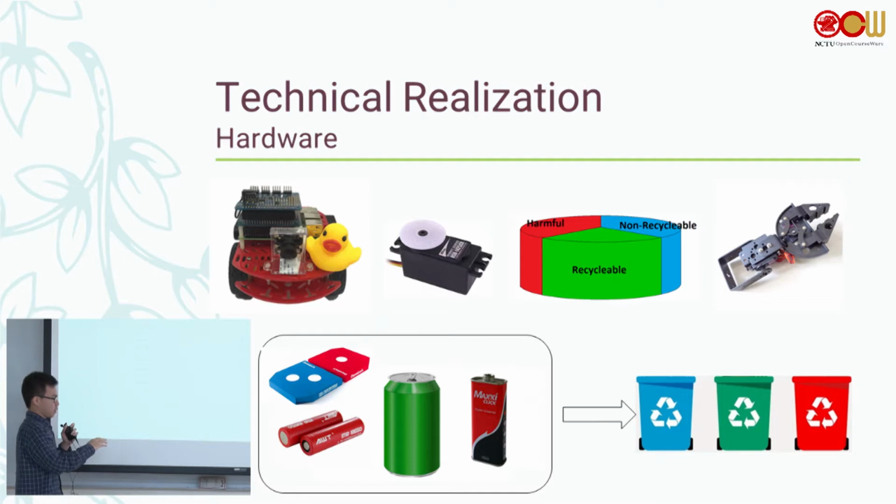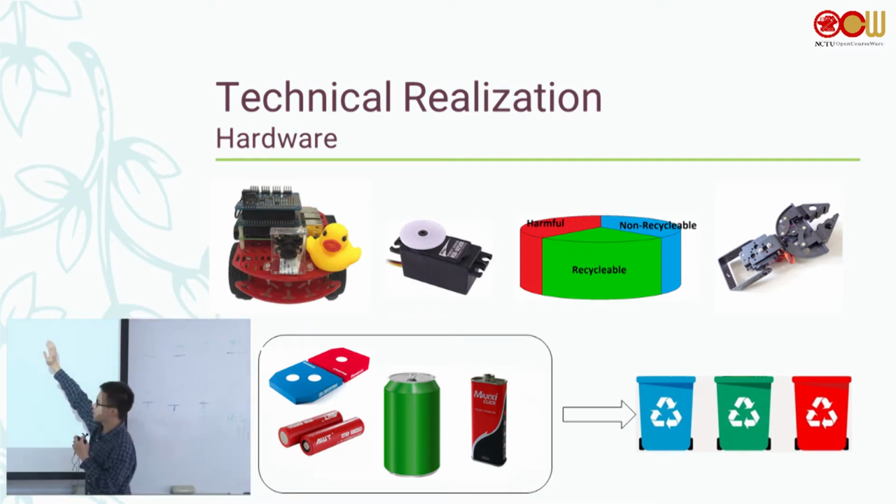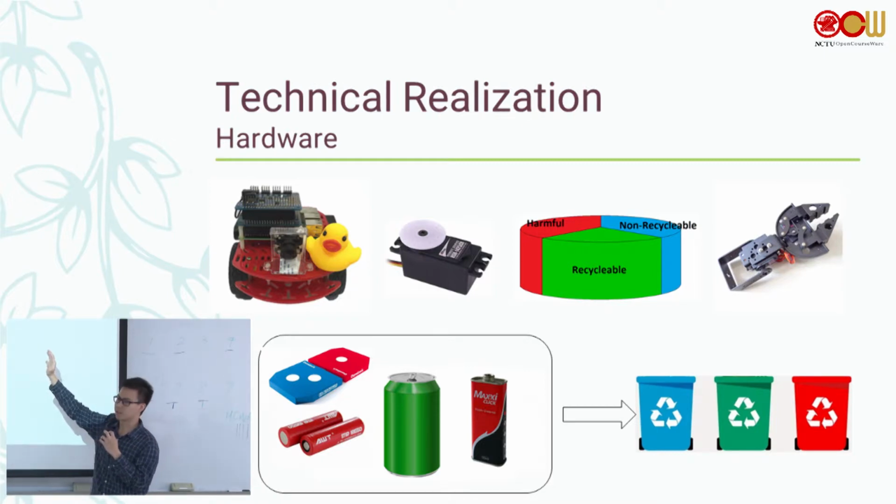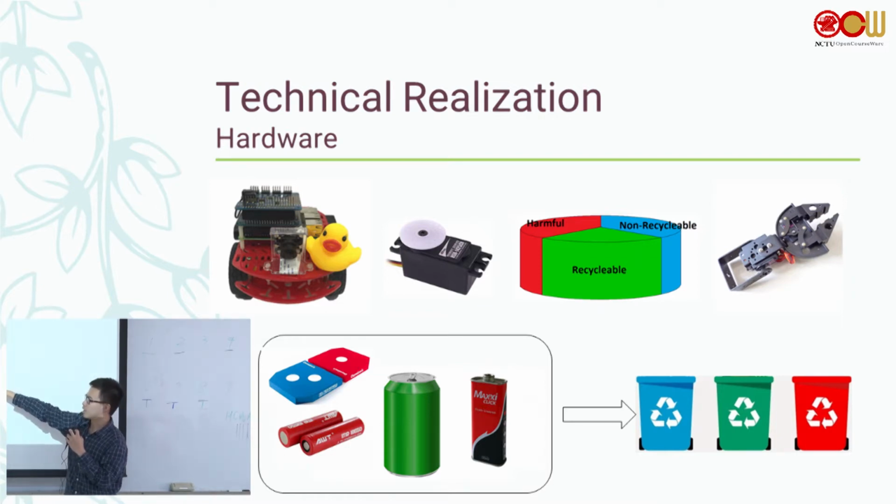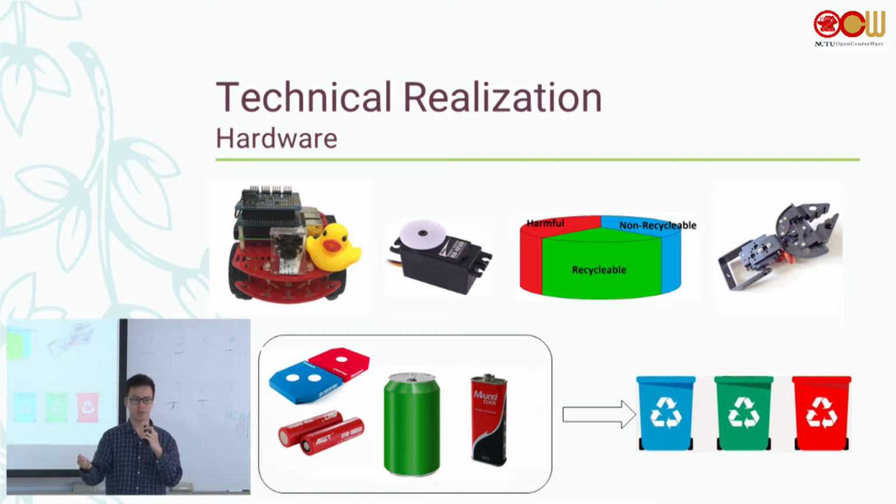Whenever the DuckyBot detects a human, which is the first priority, it stops. Whenever it is not detecting any human faces, it will continue to detect objects. If the trash is green, it will continue with the grabbing part and the separating part, and so on for the other colors or the other classified trash.